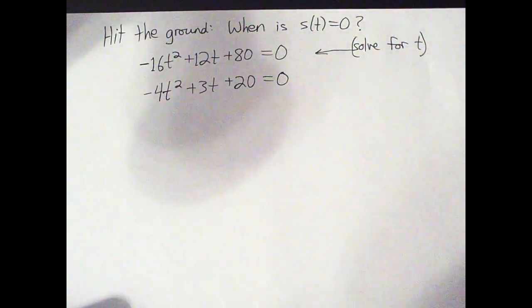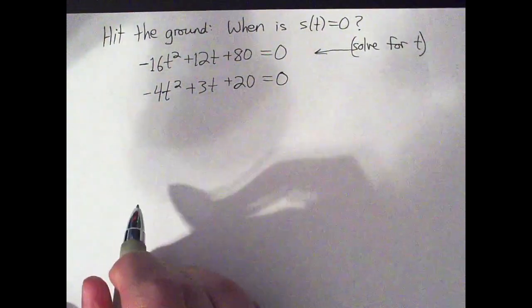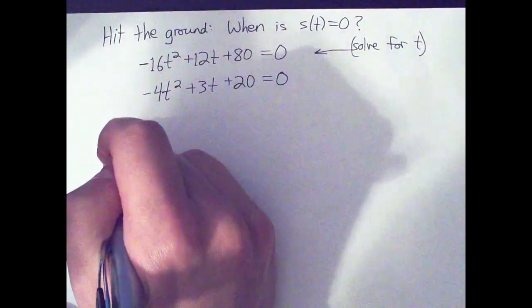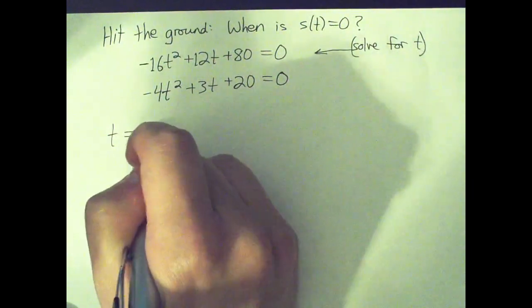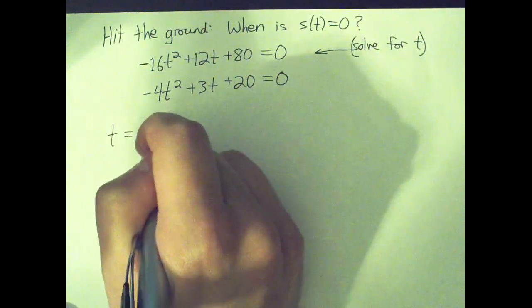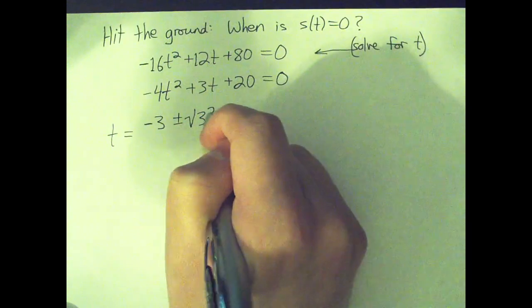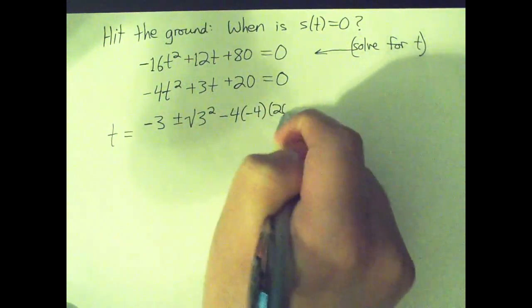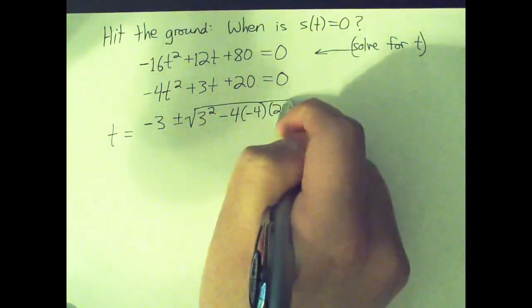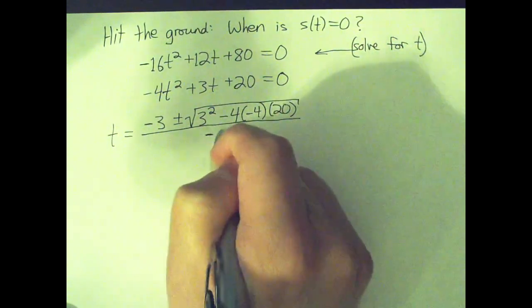Well, unfortunately, it turns out that this does not factor nicely. It doesn't factor into any kind of integers. So I'm going to use the quadratic formula. I think this semester most things tend to factor, but you should be ready to use the quadratic formula just in case you can't factor it, because it's a quadratic and we could still solve this way.